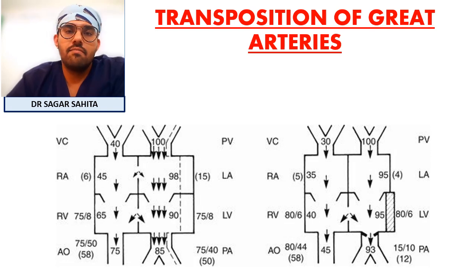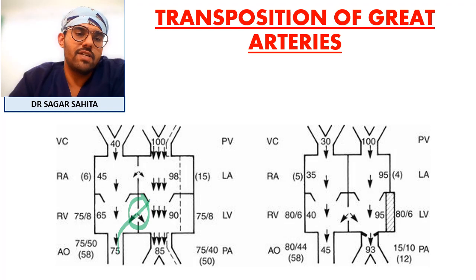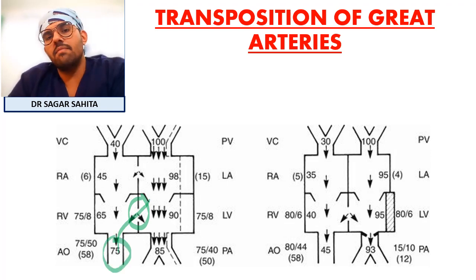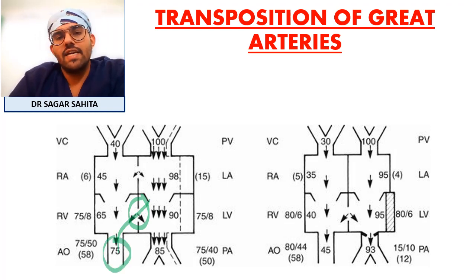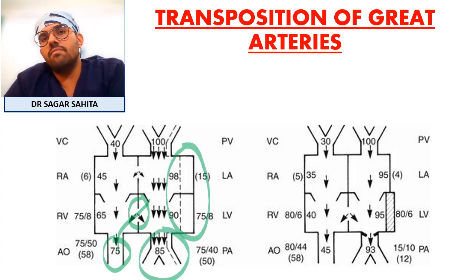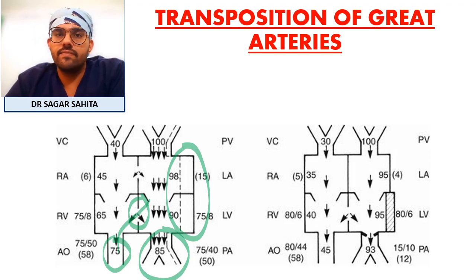In transposition babies who have a VSD, there is good mixing. The amount of blood flow returning from the lungs is very high, and because of mixing, saturation is not that low. Cyanosis may be missed, but because of the VSD, extreme chamber enlargement and plethoric lung fields, these babies will develop CCF very early on.